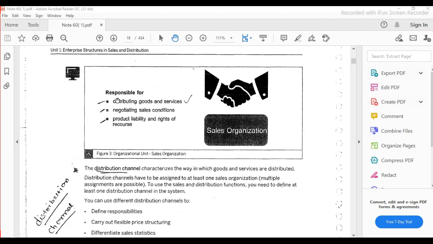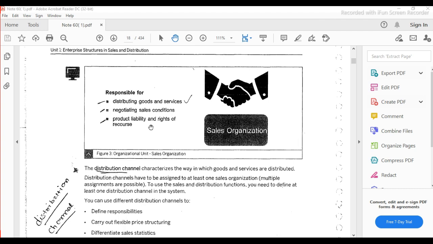What do we mean by sales organization? It is the unit that is responsible for selling or distributing goods and services to the customer, then negotiating the sales conditions. Sales organization is responsible for negotiating the price with the customer.